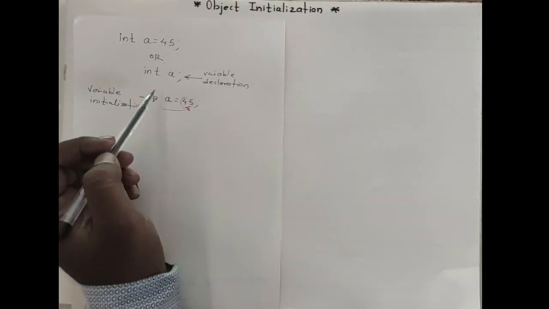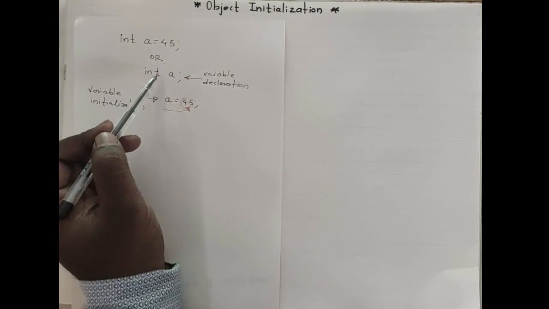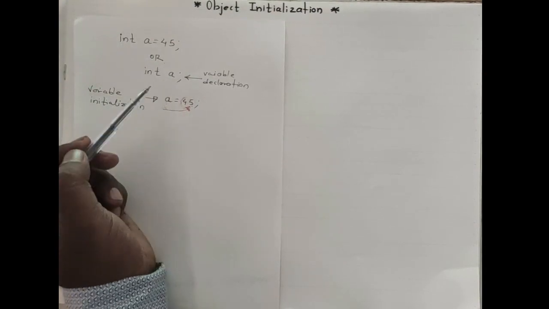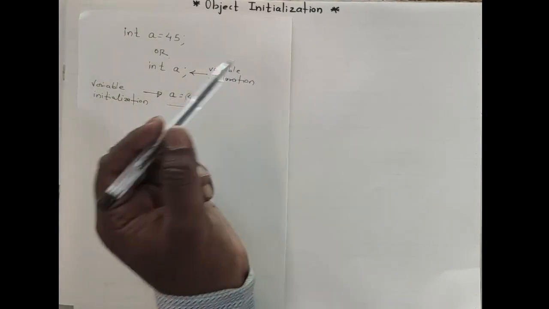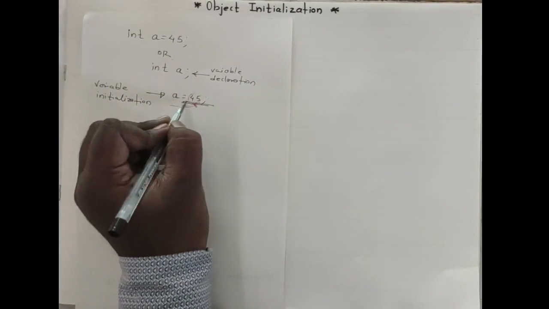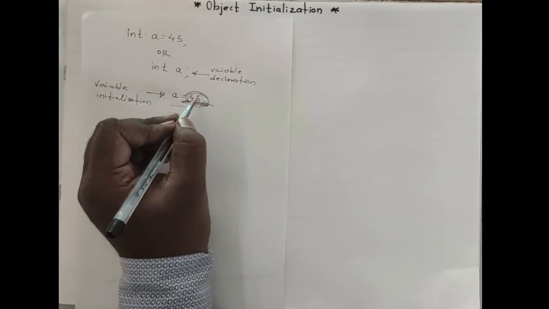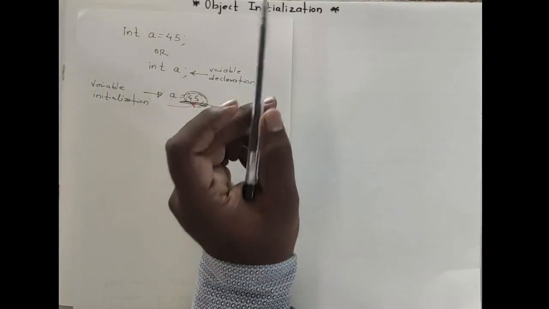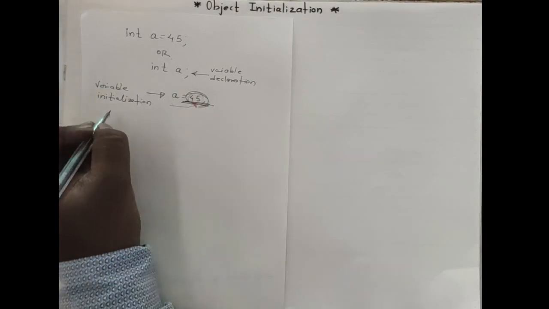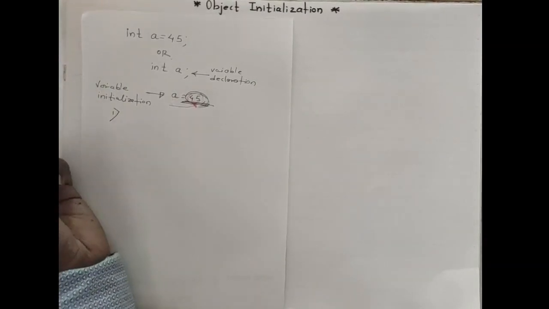When that variable comes inside a Java class, it becomes an object. So the topic name is object initialization. It means that we can assign a value for that variable by using the initialization process. This initialization is done in three ways.